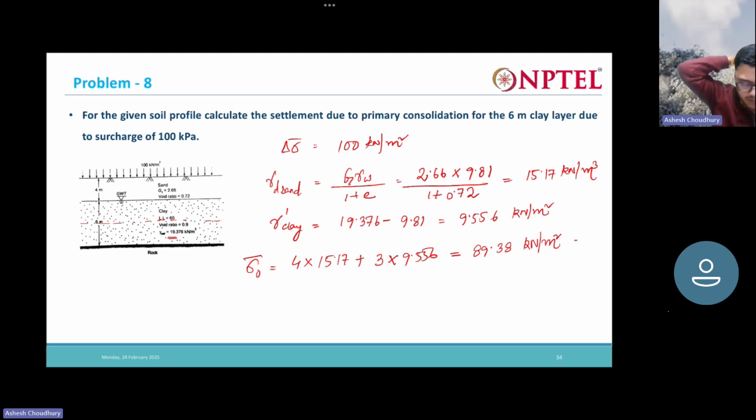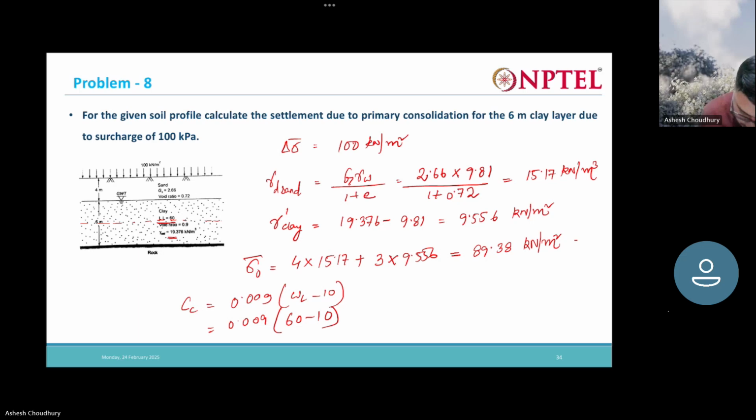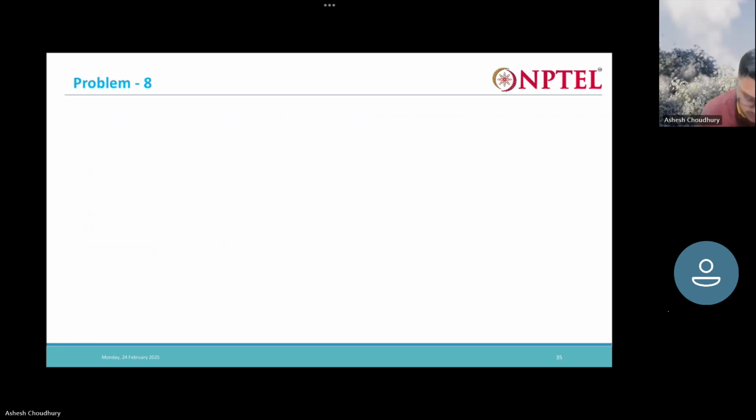Almost all the stuff we have. Just one thing remains, that is the Cc. Cc will be found using this relation. If I know the liquid limit, then I can find the Cc. This is also one more empirical relation. So I will get it from here.